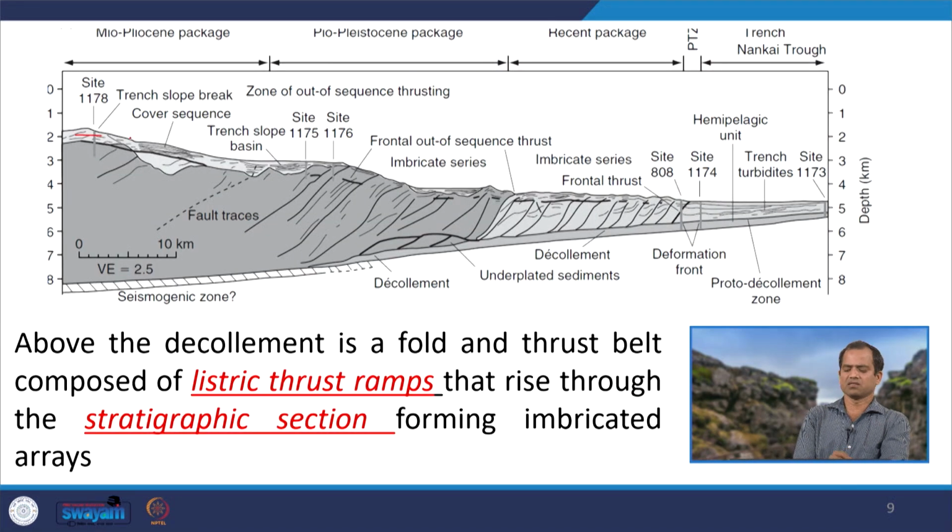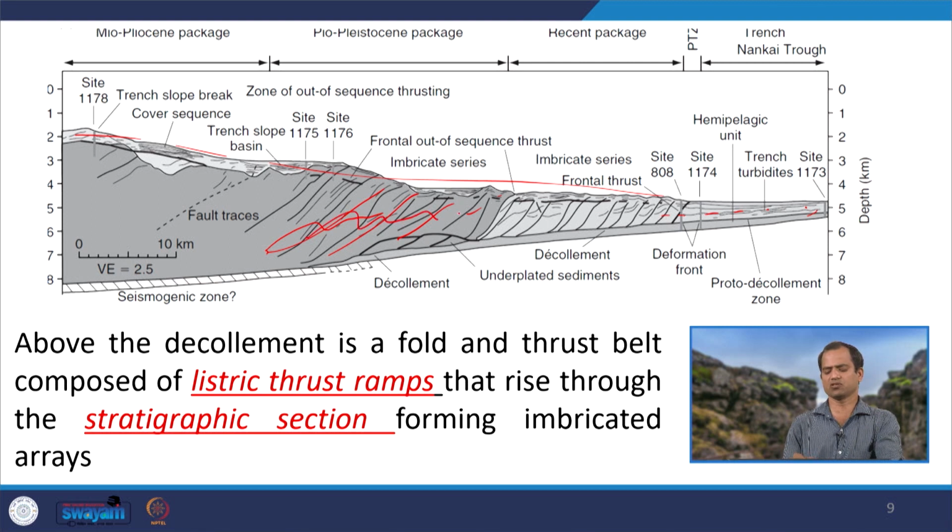In this accretionary prism, as you move from the newer side to the older side, the sediments are gradually more highly compressed, and to corroborate this compressional environment, we have some thrusts here. Thrusting is a prominent process of deformation in the accretionary prism.